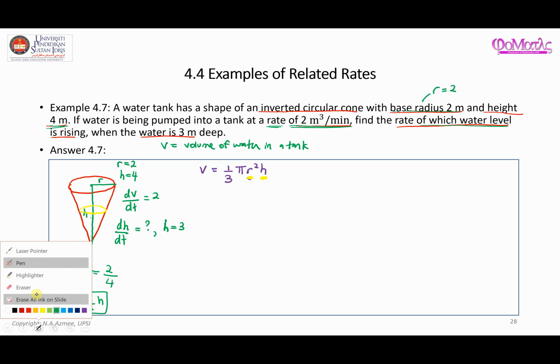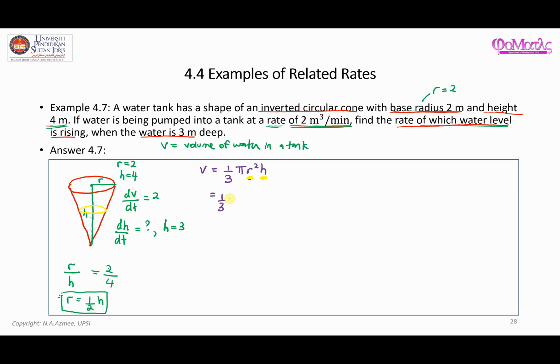Now I'm going to use this and substitute this into this formula here. So what I have next is 1/3 pi (1/2 times h) squared times h. By doing this, I get rid of r, because we don't need to find r actually, because the question is asking to find dh/dt, which is the rate at which the water level is rising.